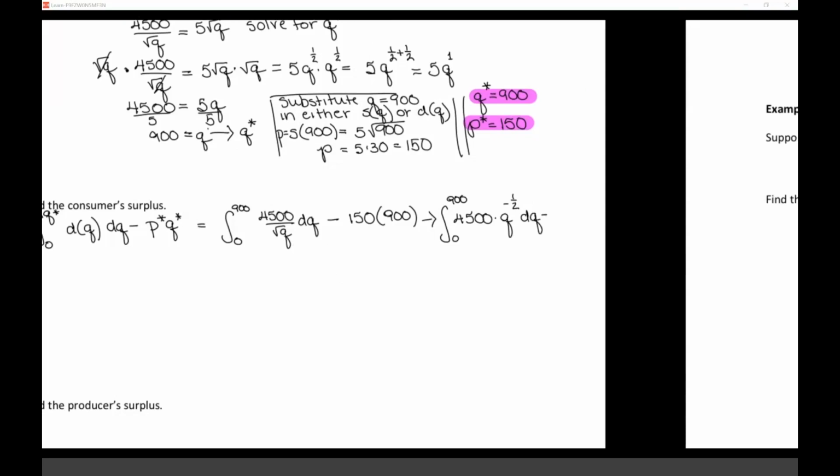And then you can just multiply the 150 and the 900 together to get 135,000. Okay, so I've kind of simplified two things. These two numbers give me the 135,000, and I took square root of Q out of the denominator and wrote it as Q to the minus 1/2. Okay, please understand this constant is not part of the integral. Okay, so not part of the integral.